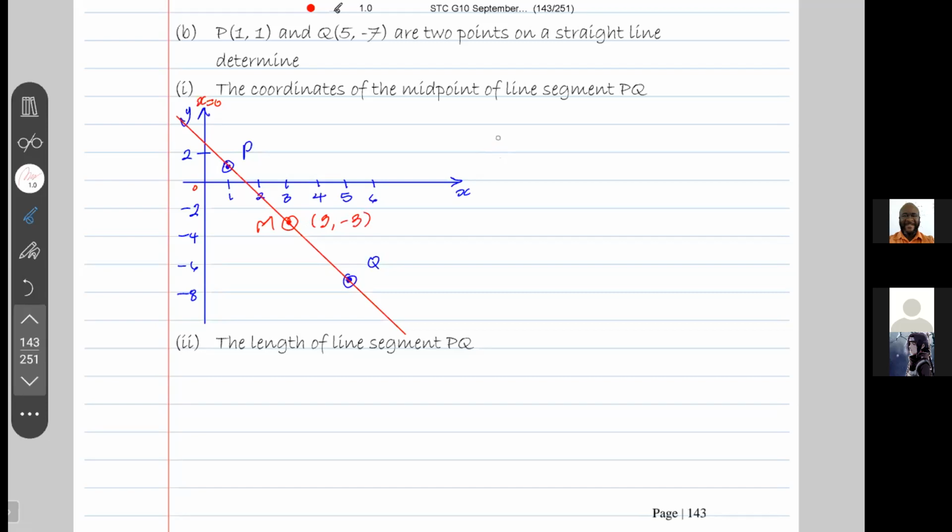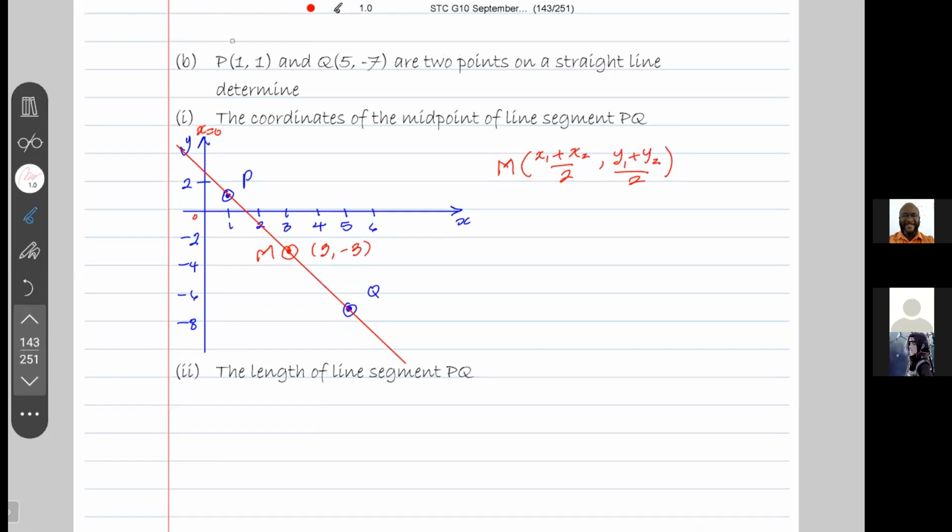The formula is M, the midpoint, is x1 plus x2 over 2, comma, y1 plus y2 over 2. Guys, I'm going to call this x1, y1, and call this x2, y2. It doesn't matter which point is x1, y1, and which point is x2, y2.